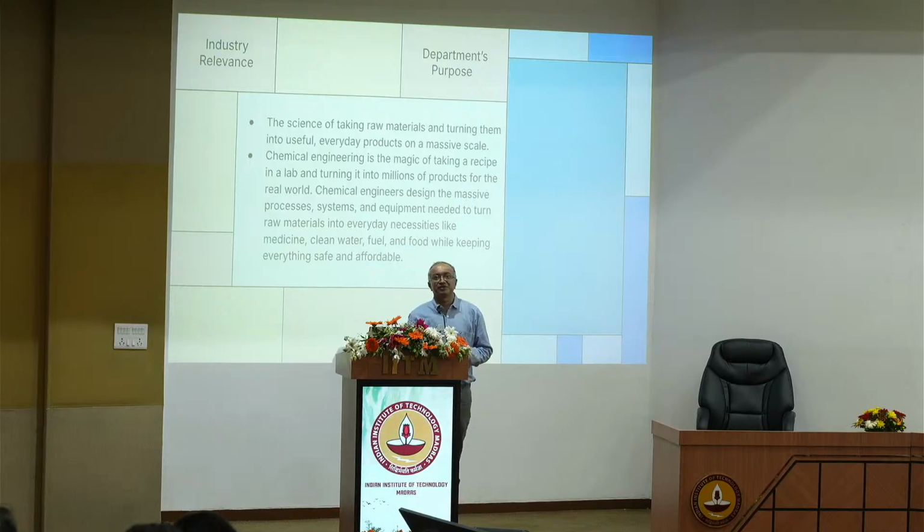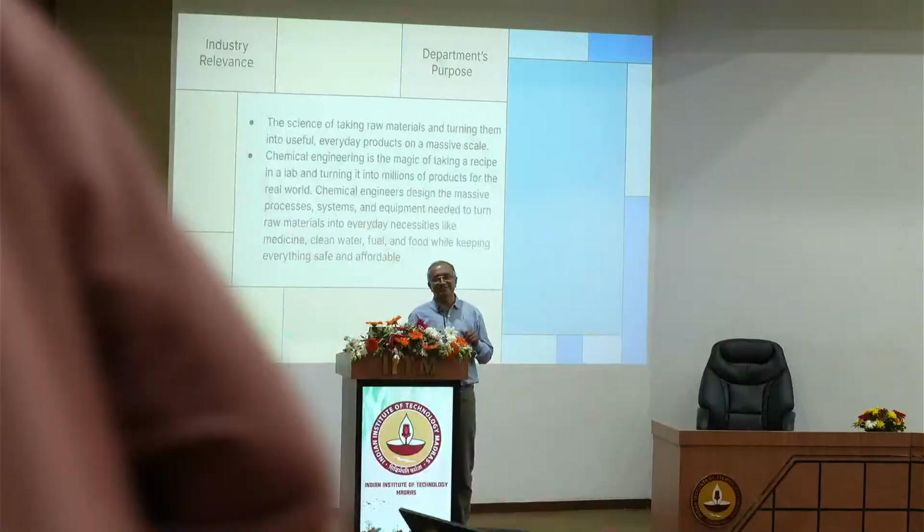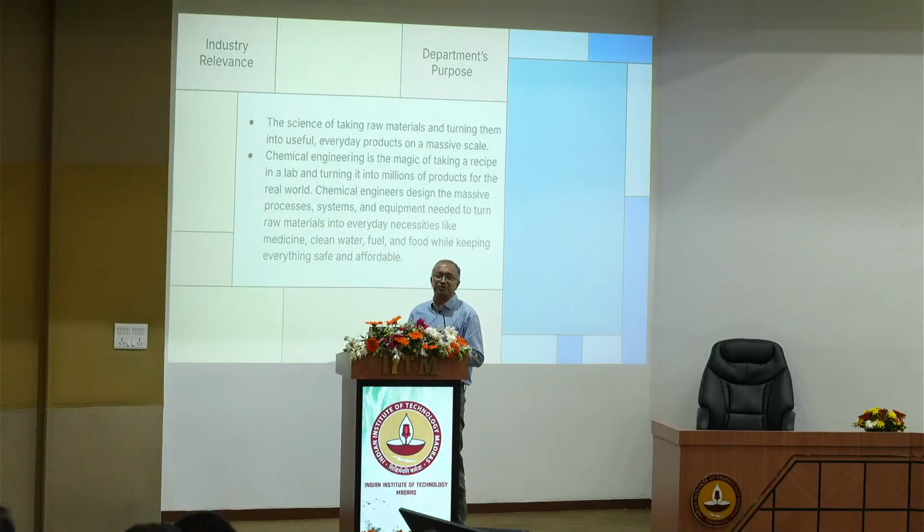So therefore, in simplistic terms, we take raw materials and get into a product, and that's what chemical engineers do. But we do this by designing processes, operating those processes. But as students, before we get on to learning about the processes, we have to learn the operations. And so we learn individual operations as students first, and then finally learn how to design a process.